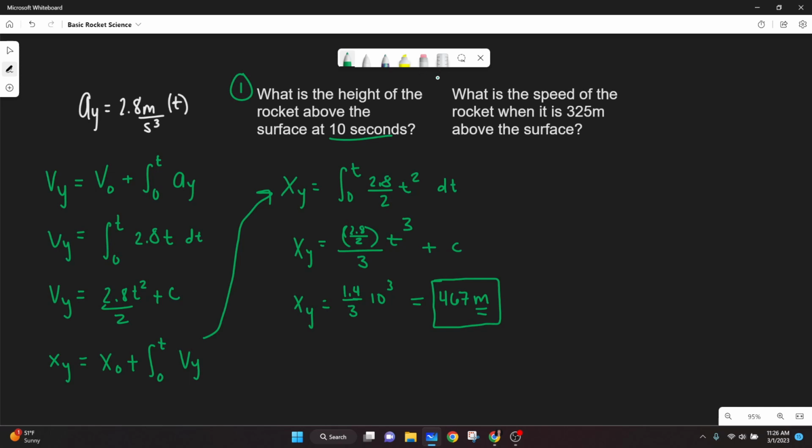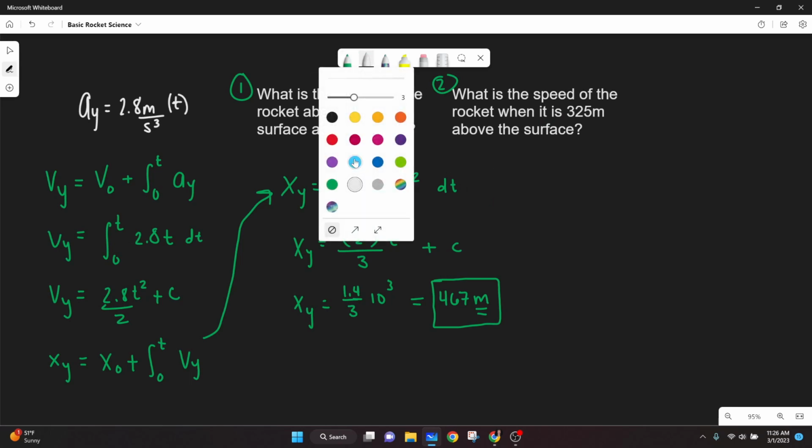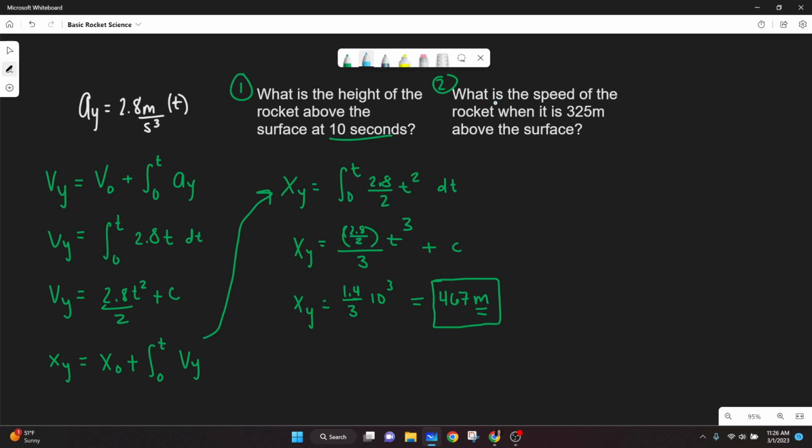Question number 2 is, what is the speed of the rocket when it is 325 meters above the surface? So in this case, let's use a different color. We want to know its speed given a position.